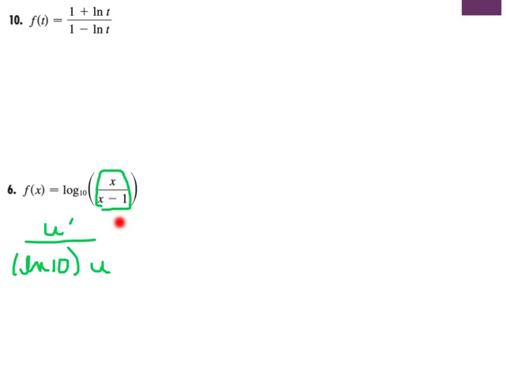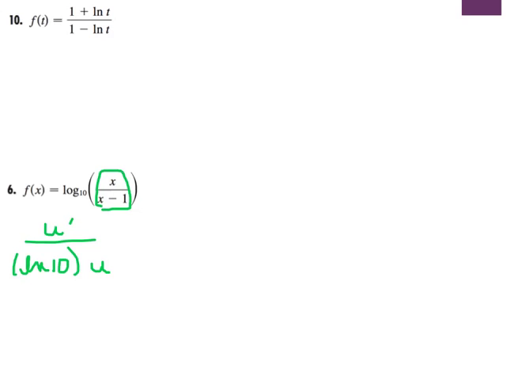Look at your u. First off, your u, x over x minus 1, is going to be in the denominator of a fraction. And then your u prime is going to be a quotient rule. So pause this if you need to, because you really want to try to get this answer yourself, and then you'll never forget it. What would be a better way, or something else that you can do first before you start to find the derivative, so we can avoid that complex fraction and quotient rule?